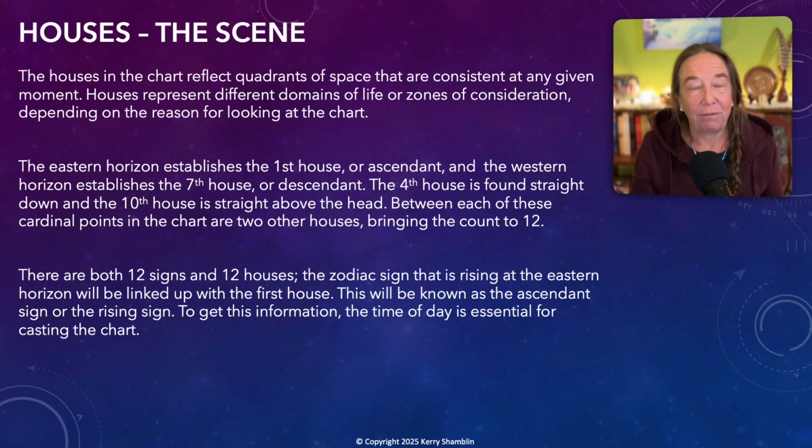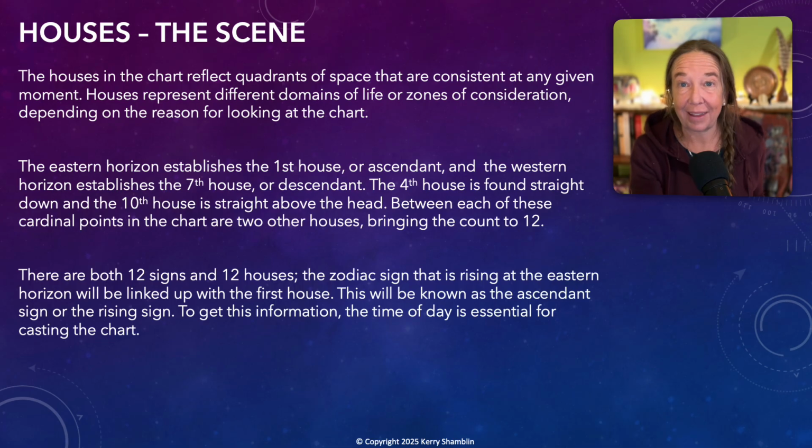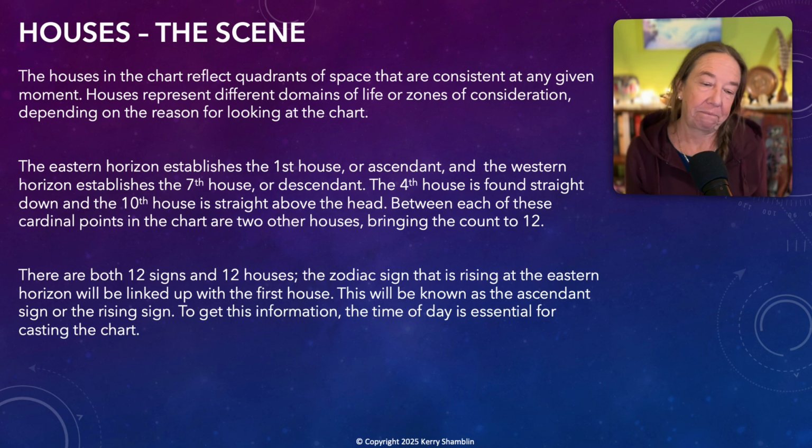So I'm just telling you the eastern horizon is the first house. And when we say first house, it's the same thing as saying the ascendant sign or the rising sign. So we have different words for the first house. The first house becomes really important in the chart. To me, I even put that above the sun sign.